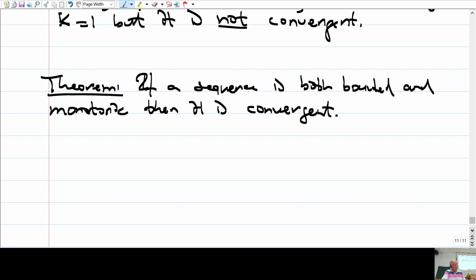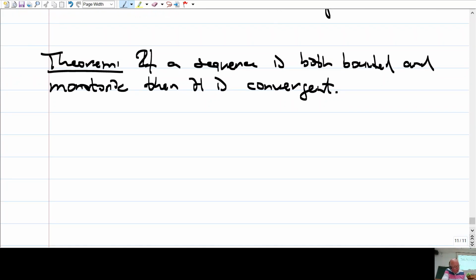Okay, let me try to explain this. Suppose our sequence is bounded from above by some number k, and my sequence is, let's say, increasing, so a_{n+1} is larger than a_n.